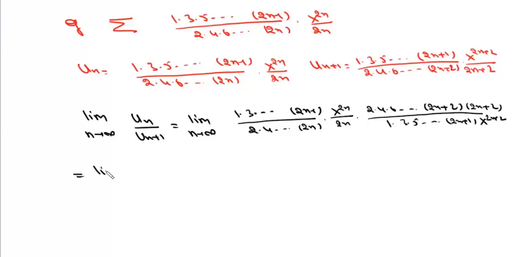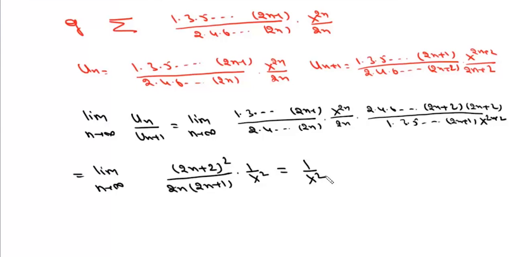Now we can write this as this limit, n tends to infinity. Now this 1, 3 up to 2n minus 1 will cancel, and here this 2, 4 up to 2n will cancel. So we'll get this as 2n plus 2 whole square upon, and the denominator will have 2n plus 1 into 1 upon x square. Now it is an infinite limit in n. Coefficient of n square is 4 in the numerator and denominator. So if we take this limit, it will be this 1 by x square.